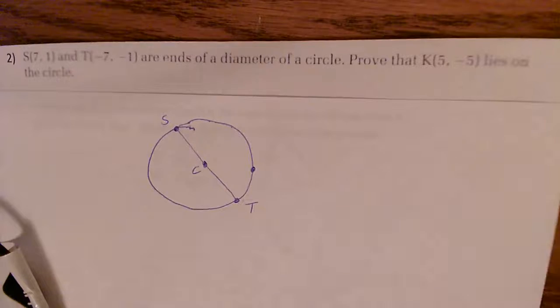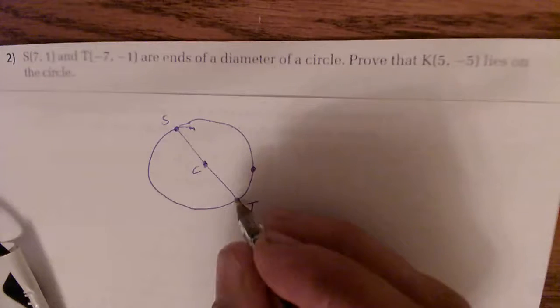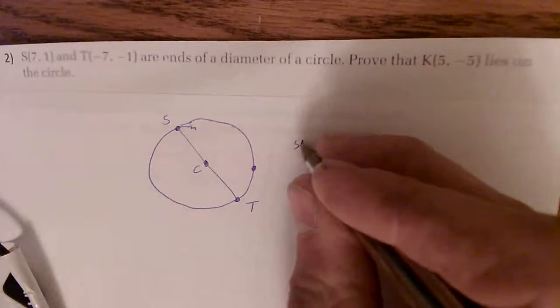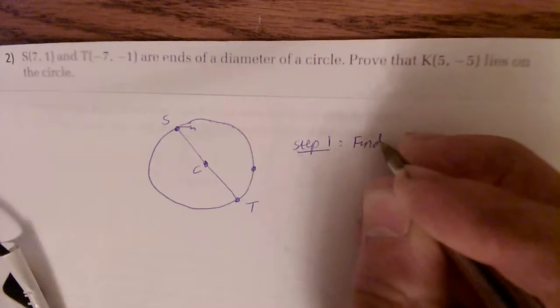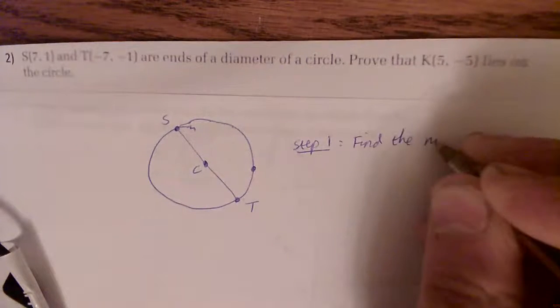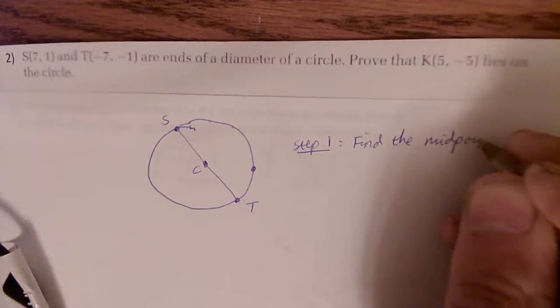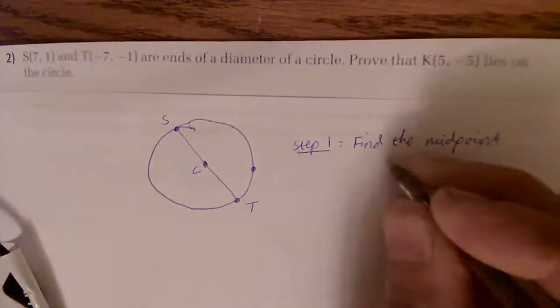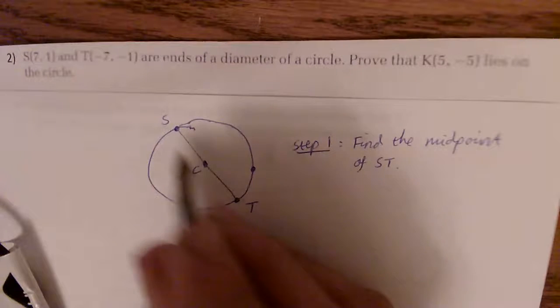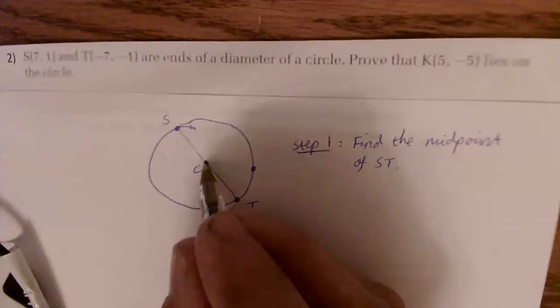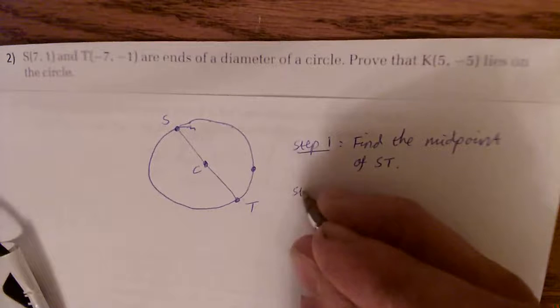Okay, hint number 2, let's elaborate what I was saying there. So, step 1, find the midpoint of ST. That midpoint of ST there is going to give us the center of the circle.